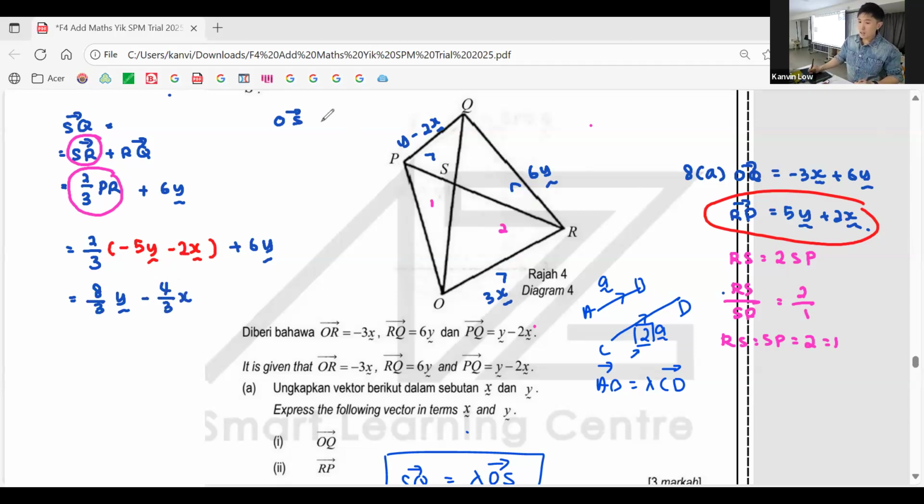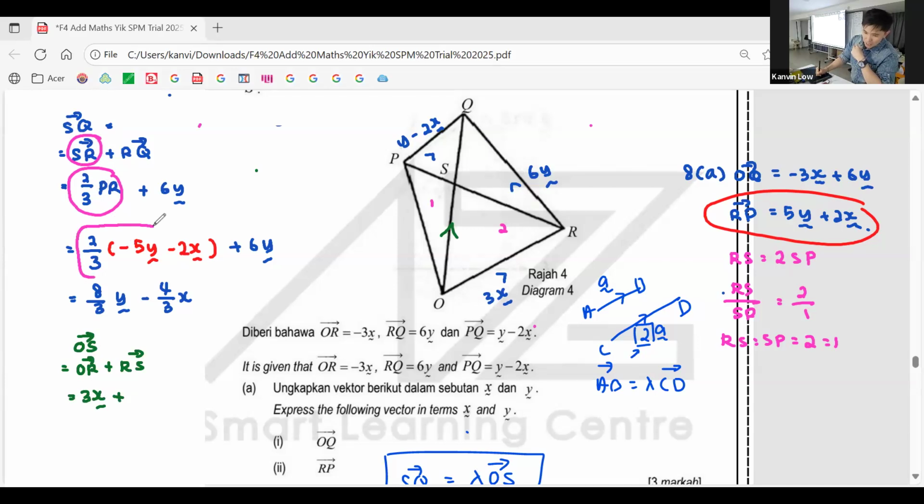Okay, students, so far are you okay with this? Can you guys tell me, how do I find OS, everyone? From O to S. There are a few methods over here, students. You can go for OR plus RS. So OR is 3X.